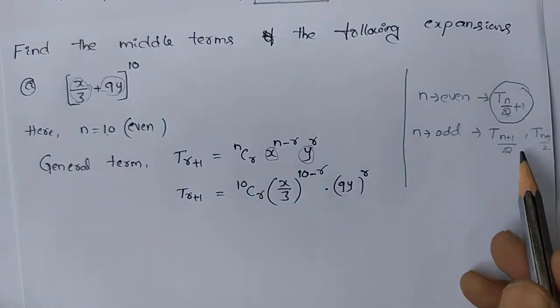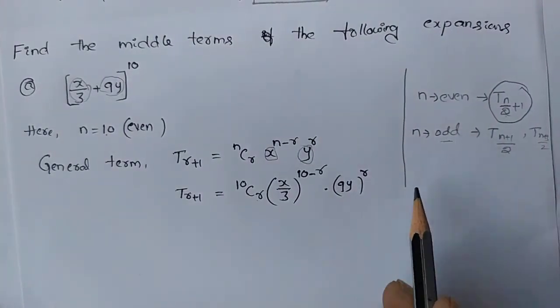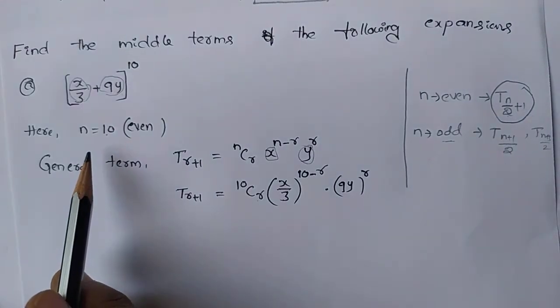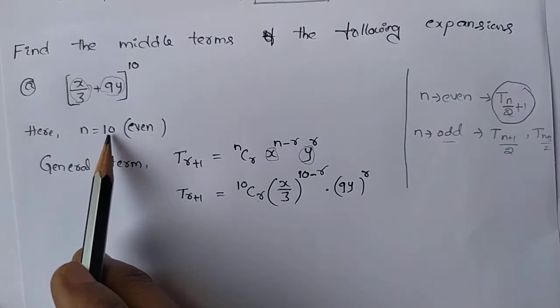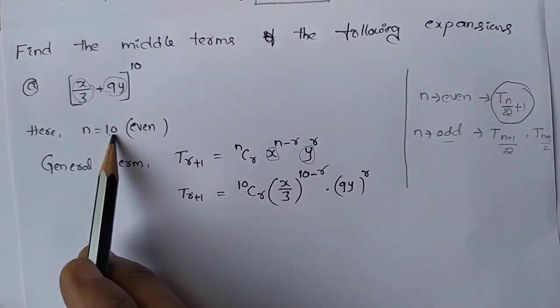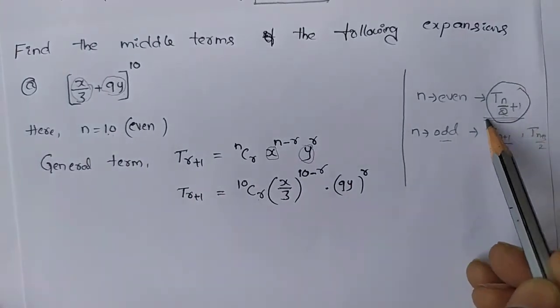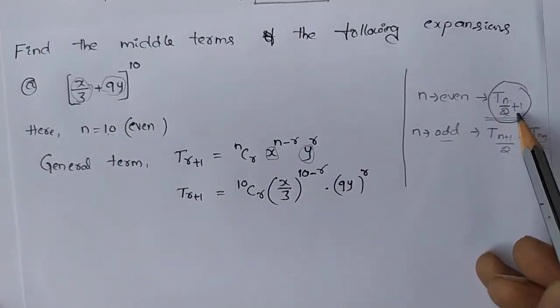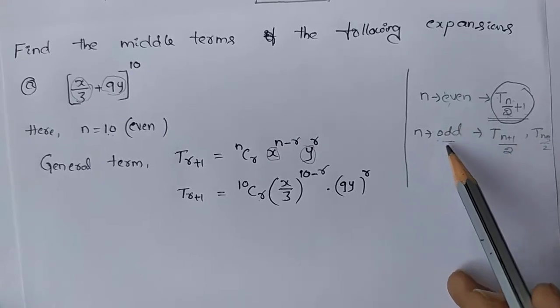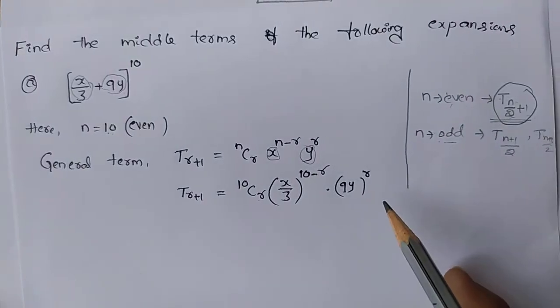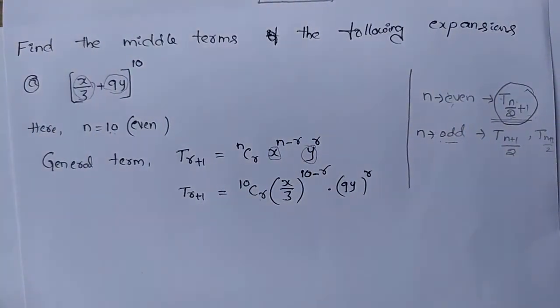These are the two middle terms if n is odd. In this problem we have an even value. If it is even, then there will be one middle term, T n by 2 plus 1. These two points we already learned in our previous class.